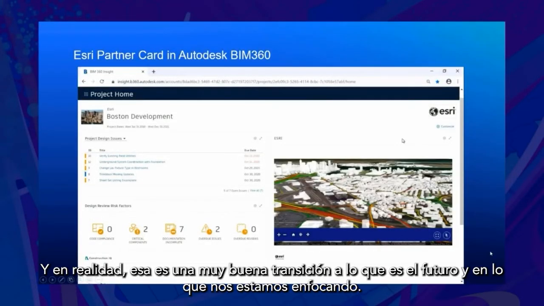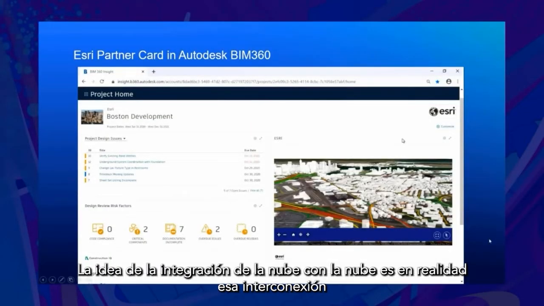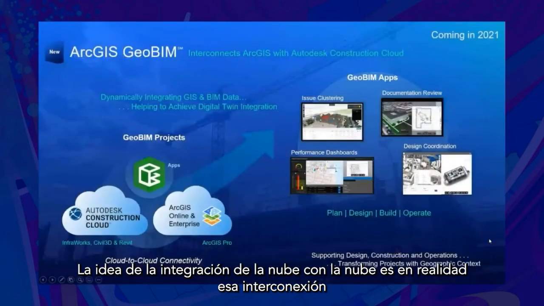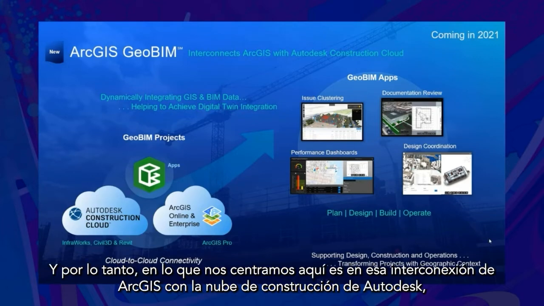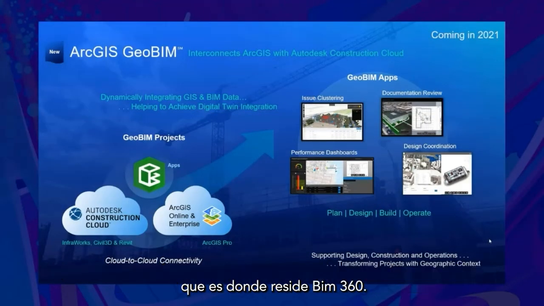And actually, that's a really good segue into what's the future and what we're focusing on next. That idea of cloud-to-cloud integration is actually at that interconnection between what we're focusing on in the next year with ArcGIS GeoBIM. And so what we're focused on here is that interconnection of ArcGIS with the Autodesk Construction Cloud, which is where BIM 360 resides.